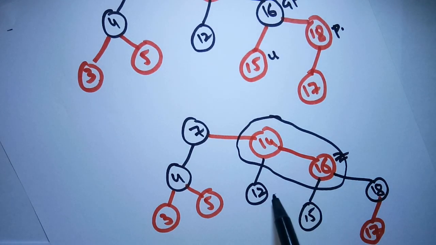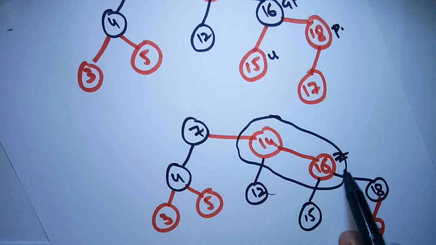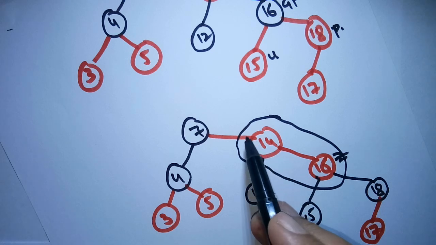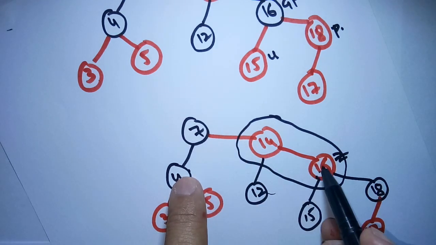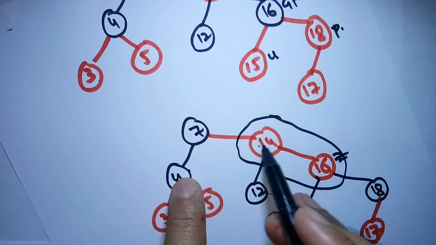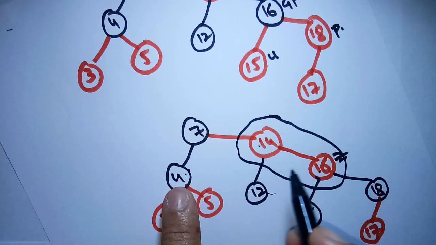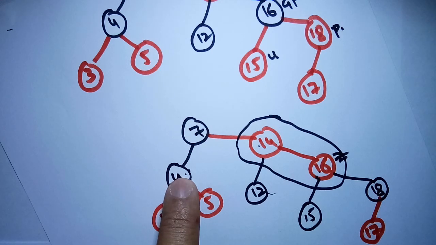Actually this 12 is not the uncle of the 16, this 12 is the sibling of the 16. So the uncle of 16 is 4, right? The uncle is always the sibling of the parent, right? So sibling of the parent is 4. So the color of the uncle is black.